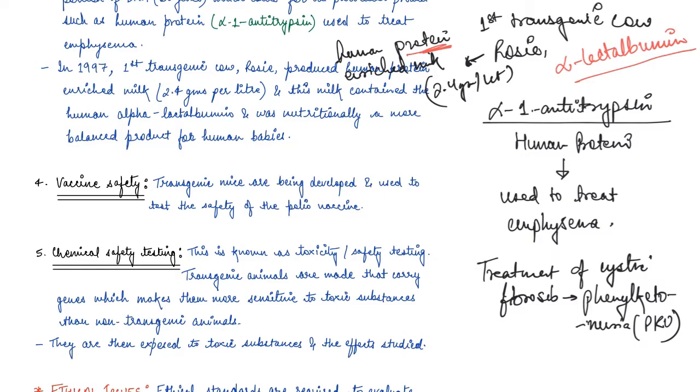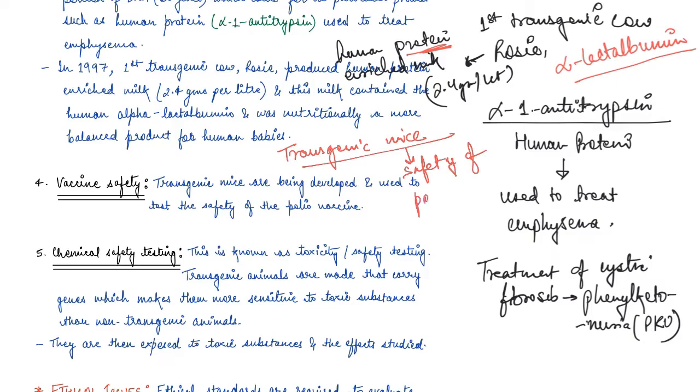So, for example, transgenic mice were used to test the safety of the polio vaccine.